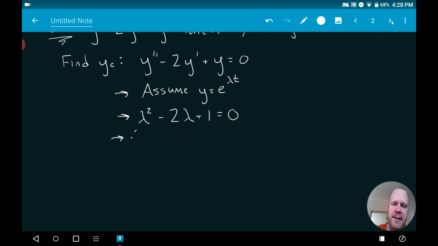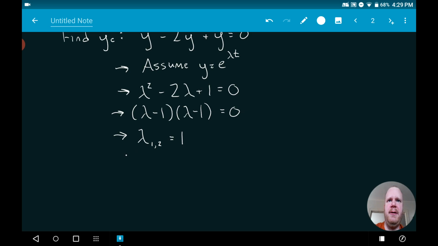See, I tried to skip a step and I ended up making a mistake that happens all too often. All right, so this is our actual expansion of this, and so this tells us that lambda 1 and 2 are both equal to positive 1.